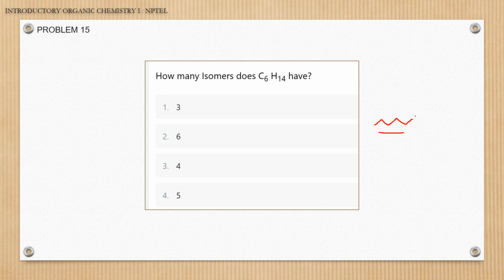These are the two methyl groups present here. This is also a methyl group. So how many isomers does it have? 4.